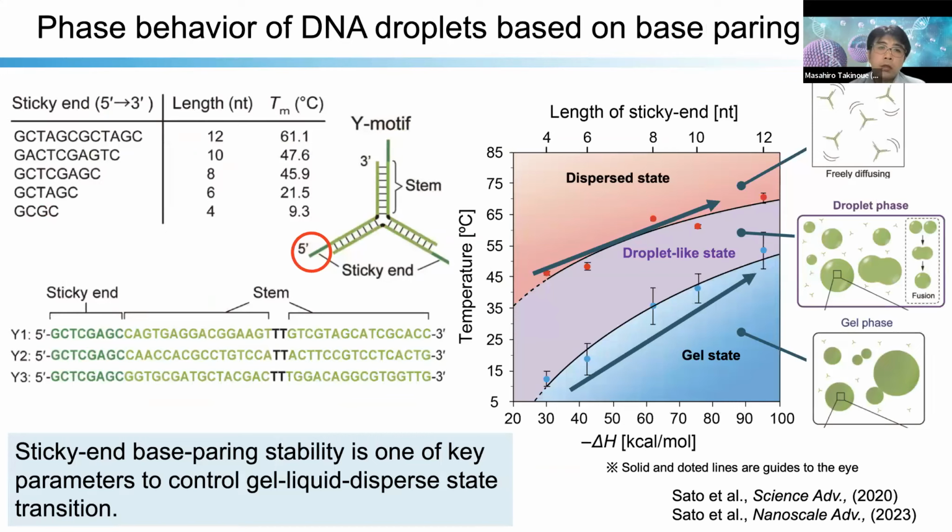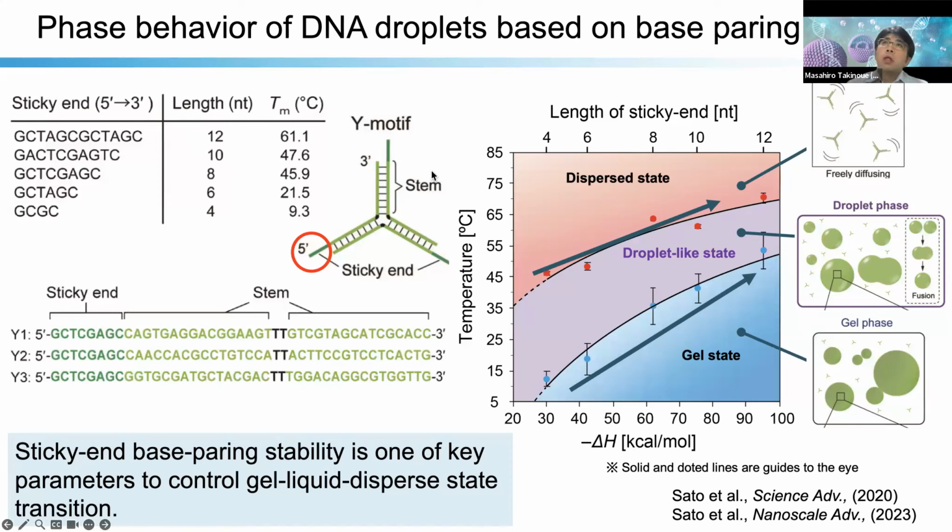We next designed the stability of the sticky end part by changing the length of the sticky end without changing the other part. So here is the changeable part. If we elongate the sticky end part, the stability increases like that.